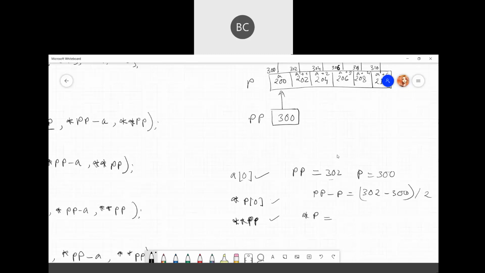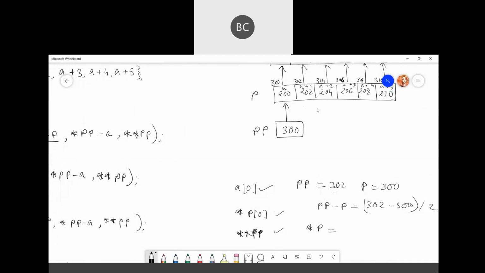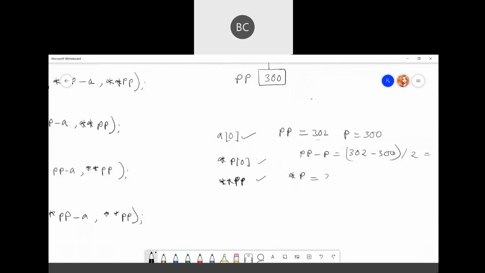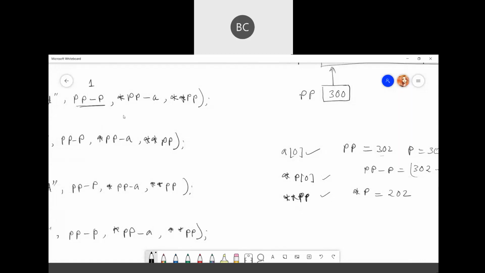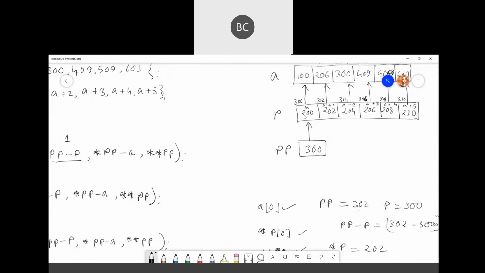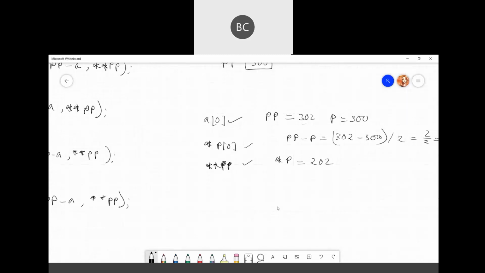Pointer p means you are trying to access the value. That means 202. Okay, and what is a? We want a, right? What is a here? A is 200, right?